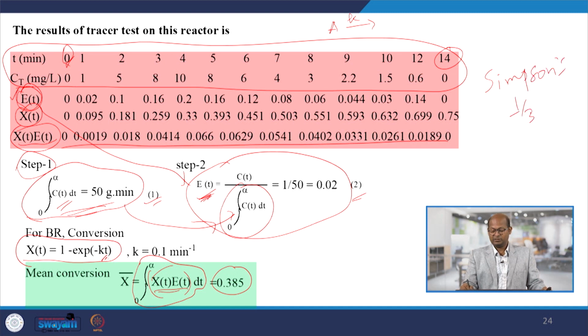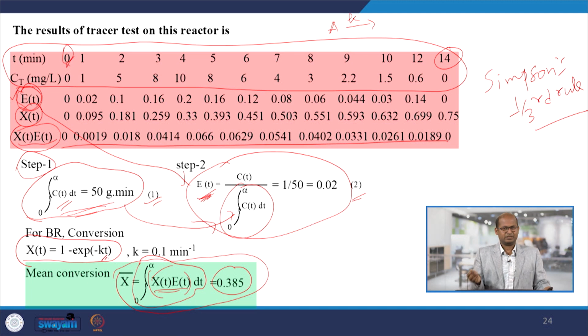Other rules are also available to solve these integrations, which we discussed in our previous class.